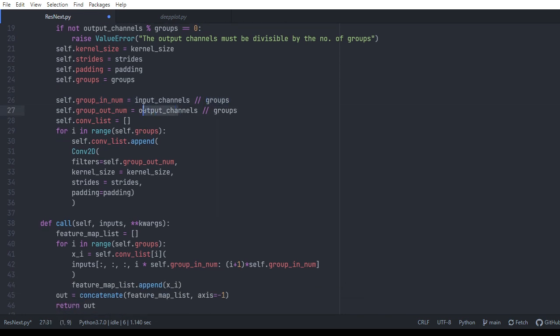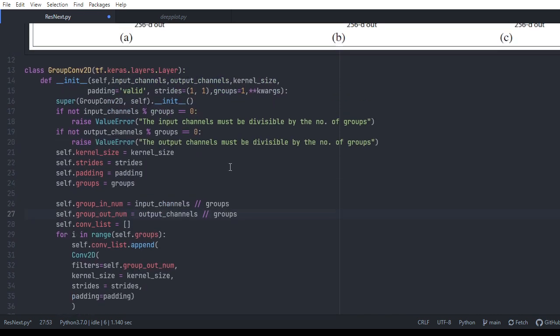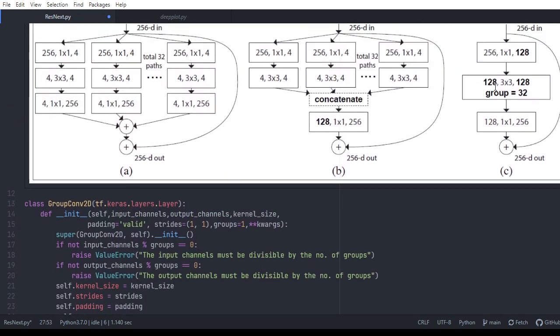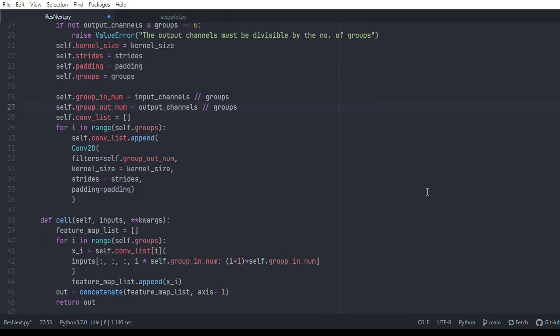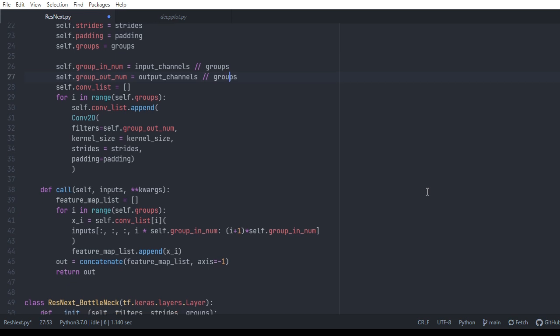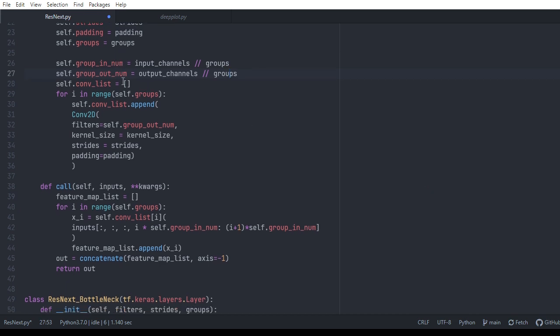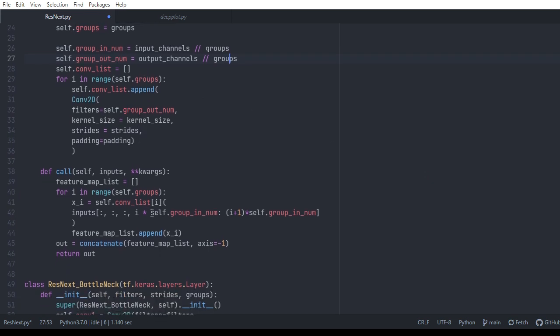Since the input to the groupings is 128 and the output is 128, group in num will be 4, group out num will be 4. So in this case, the first grouping will be from 0 to 4, that is 0, 1, 2, 3.